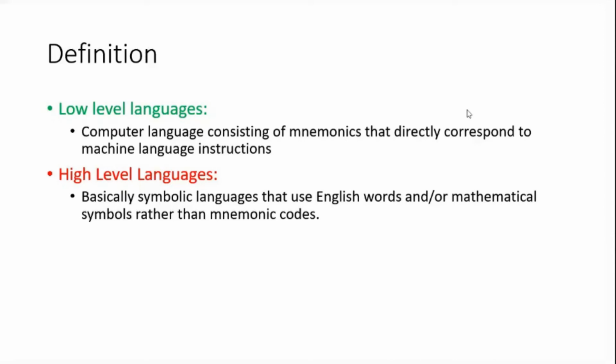And a high-level language is basically a symbolic language that uses English words and or mathematical symbols rather than mnemonic codes. So that is the difference. In low-level language, mnemonic codes are used, but in the high-level language, symbolic languages are used.